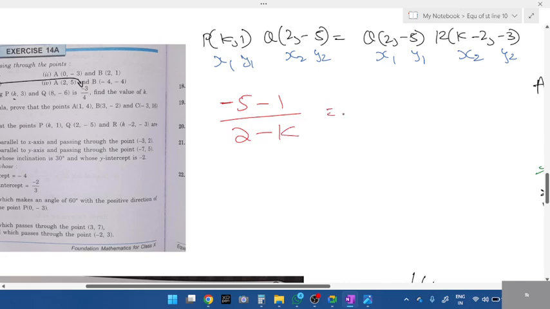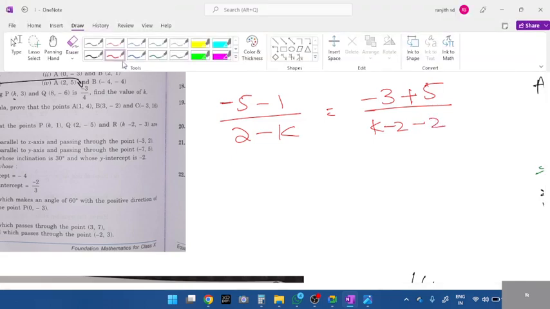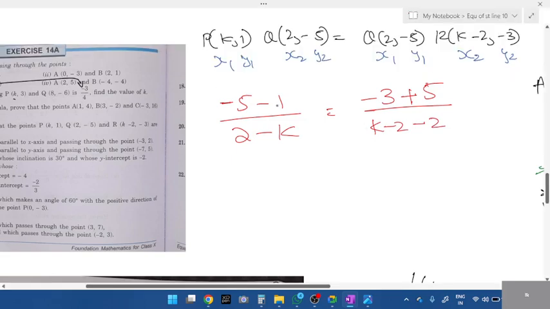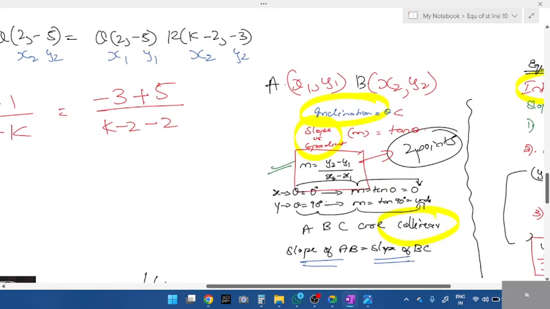Okay, right hand side. No, no, no. Yes. So shall I write plus 5? Next. Okay, x2 is k minus 2 minus 2. Are all of you able to follow whatever I have written? You will understand, students. We use the same concept, slope formula. See this formula.